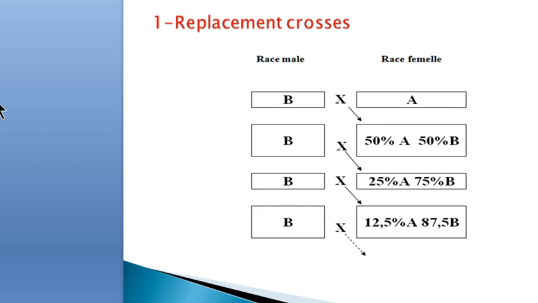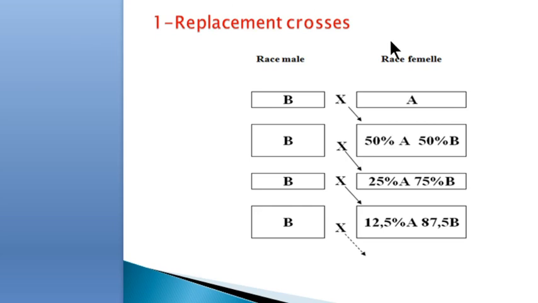We have one crossbreeding type with the final objective to either replace a breed or to create a new synthetic breed, and we have the other one designed to produce commercial animals. That second type is called commercial crosses. Now let's start with the first category, and more specifically with replacement crosses.